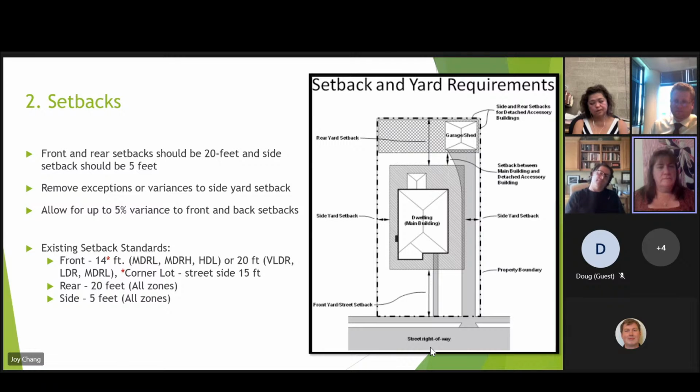And if we start reducing our setbacks and increasing our density, we may lose, I guess, the luxury we have of having a little bit of space in between each house and having the ability to have trees and just a neighborhood that's not so densely packed that we can't breathe. So I think that's one of the very essence of Keep Sherwood Sherwood.